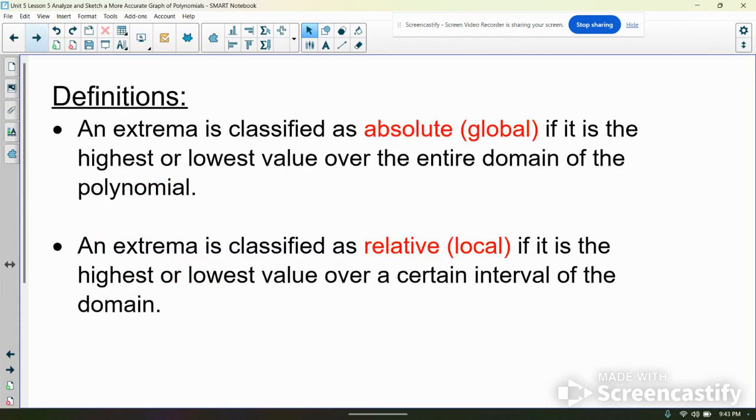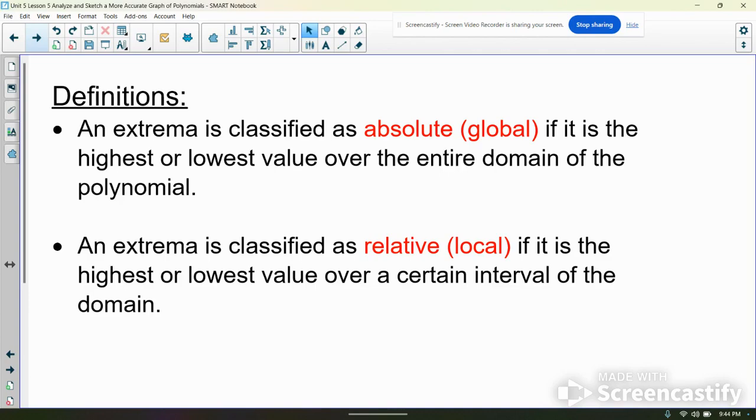So we have two different types of extrema. We have absolute or global extrema, which means this is the highest or lowest value that the polynomial can possibly have on the entire domain. And one of the things that I need to note is that we don't state infinity as an absolute extrema.